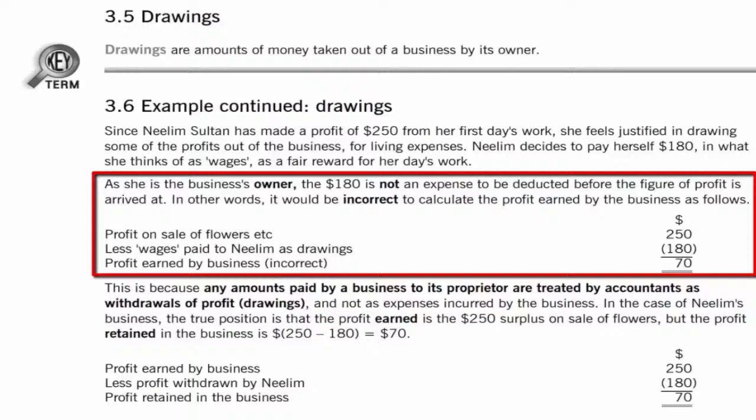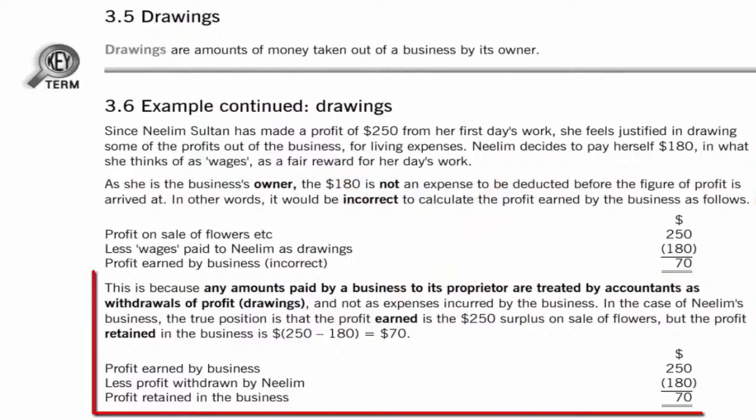Resulting profit, $70. Incorrect. In this setup, it looks like the business only earned a profit of $70, which is misleading. The true profit earned by the business is still $250 because that's the amount of surplus the business generated from sales. The amount that Neelam took out is a personal withdrawal and doesn't affect the business's actual profit.